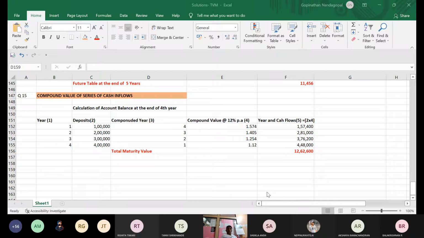Now, what do you mean by this compound value of an annuity? I'll explain, then I will do the problem, because when I explain only then you'll understand. See, quite often a decision may result in the occurrence of cash flows of the same amount every year for a number of years, consequently, instead of a single cash flow.